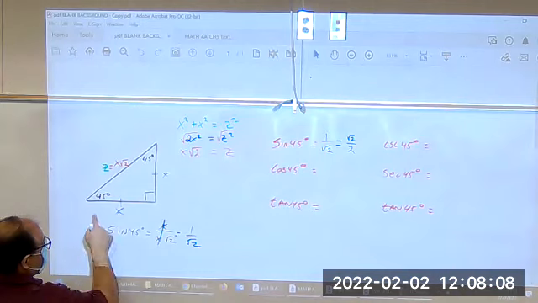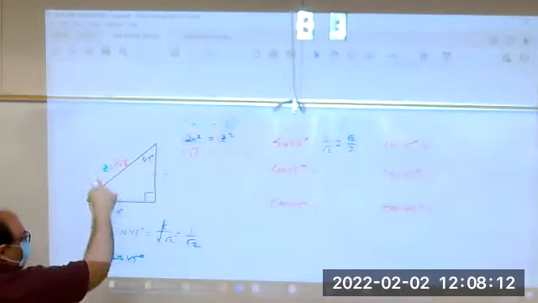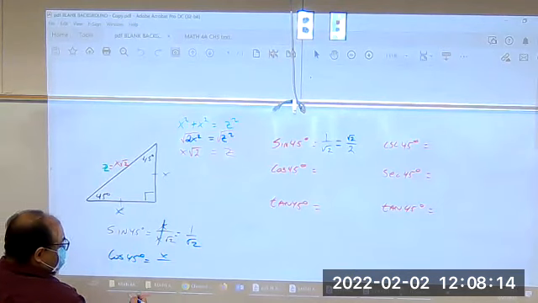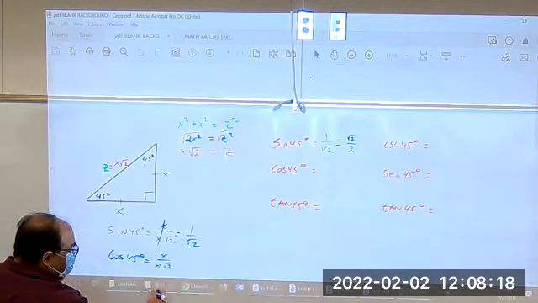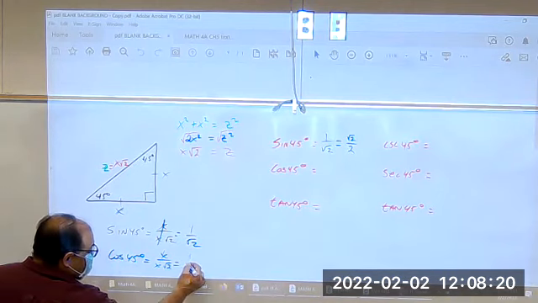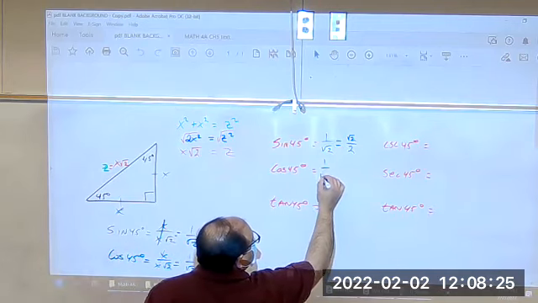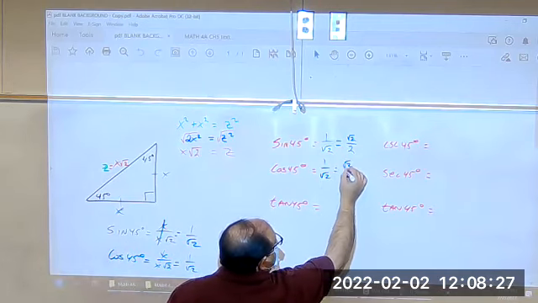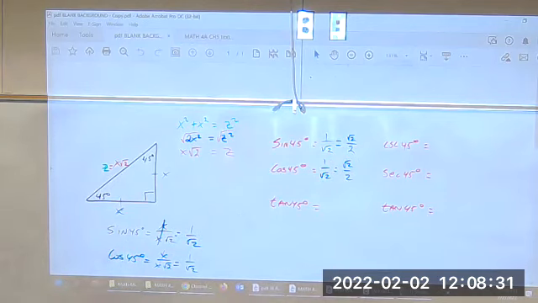Cosine, well, the cosine of 45 is adjacent over hypotenuse. Well, guess what? If you know sine, you know cosine because they're going to be equal to each other. It's the same angle. It's isosceles. 1 over square root 2, which is square root 2 over 2.